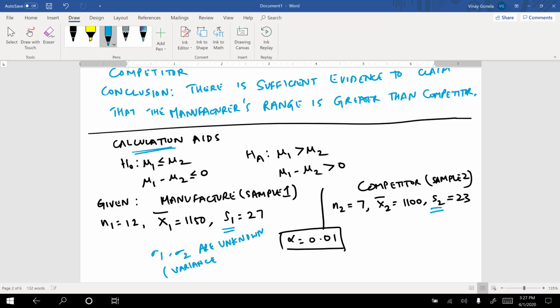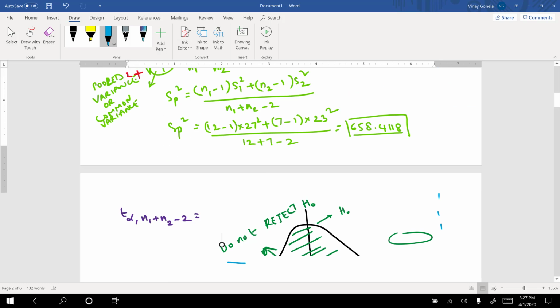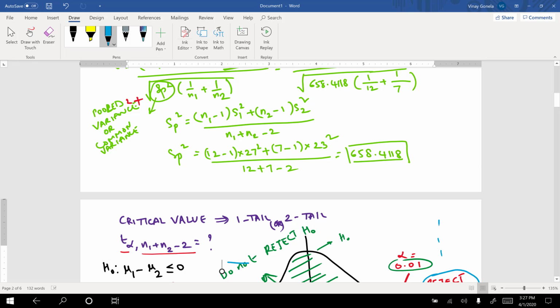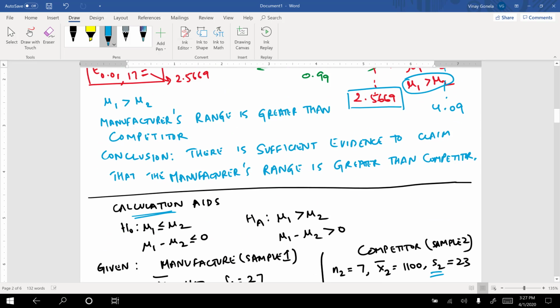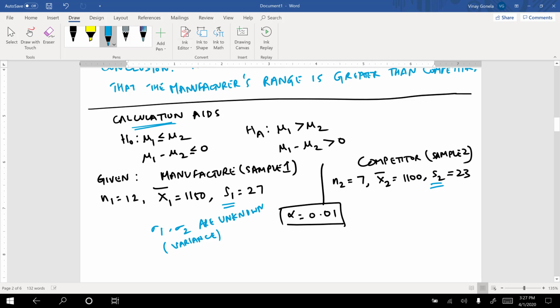It's just variance, standard deviation is square root of variance. So variances are unknown, so you will use the unknown variance sheet.